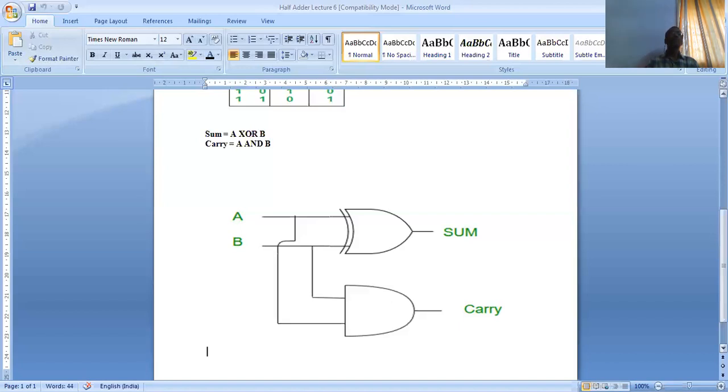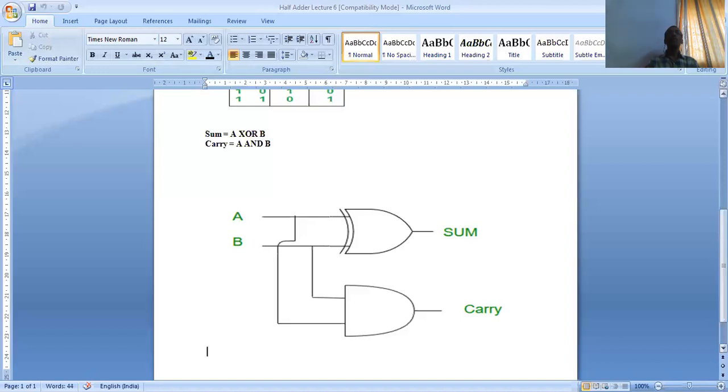That means when both the inputs are low, the output of XOR gate is low. When both the inputs of XOR gate are high, then also the output is low.